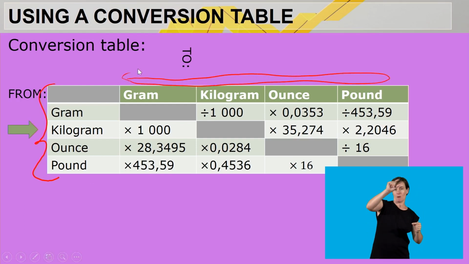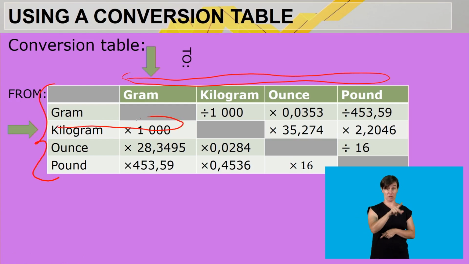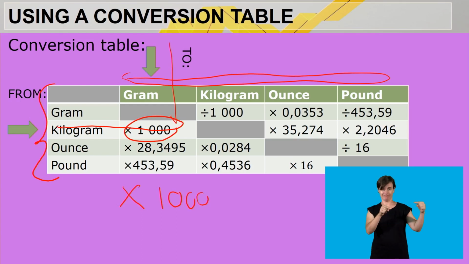If we look at an example, I am at kilograms. I want to go to grams. So from kilograms to grams, what is the conversion factor? It is times 1,000. So what did I do?